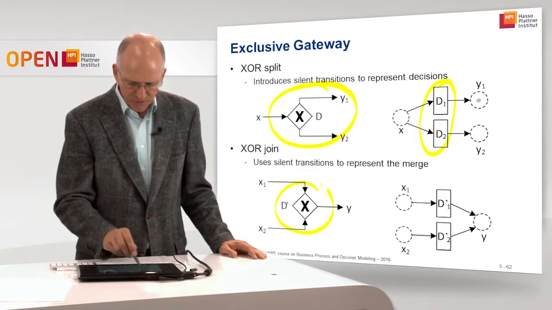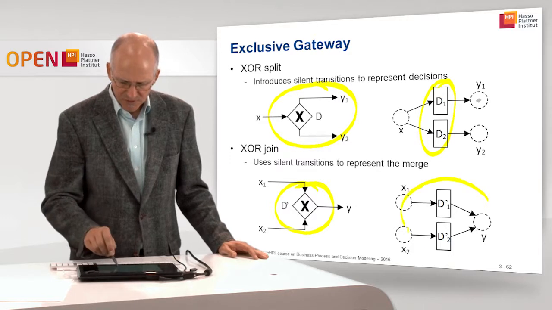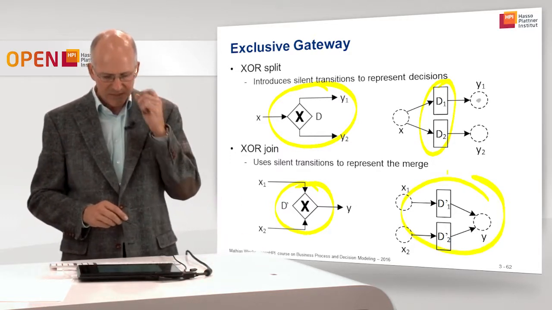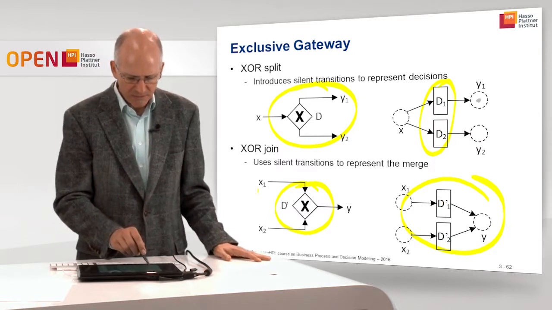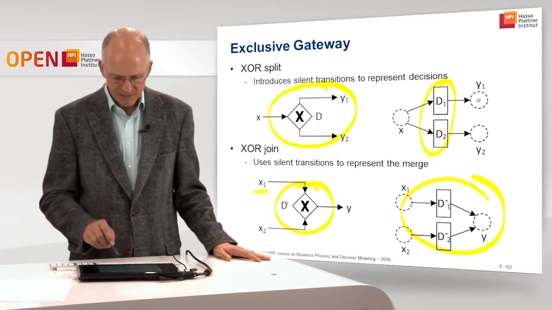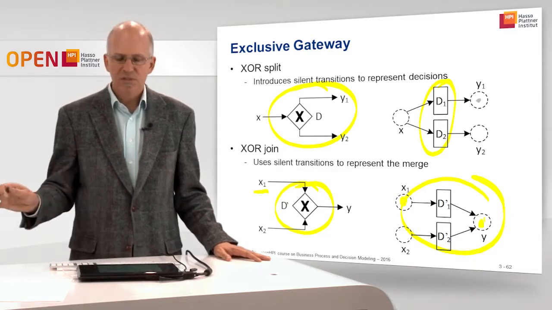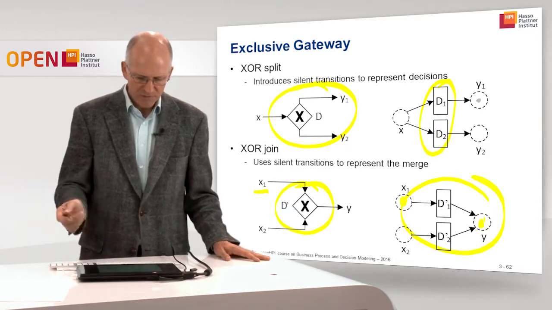The merging behavior of this XOR join is represented by this structure. So if I have, let's say, X1 is signaled at the BPMN level, then that means X1 has a token here. And then D1 can fire, puts a token here, and the process continues. The same holds for X2.